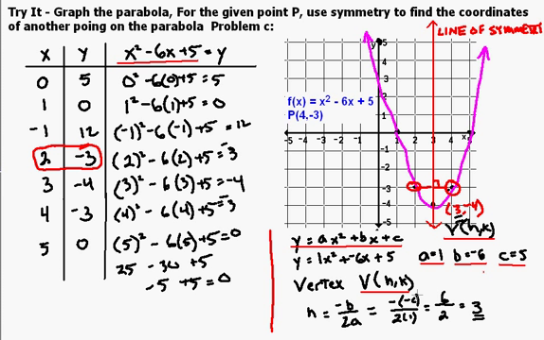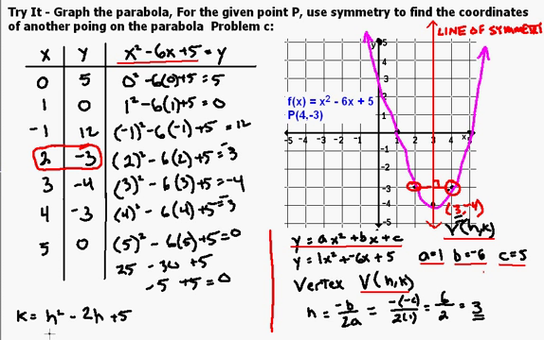Now, to find the k, or our y coordinate, here's what we do. We simply take the equation, so k is equal to h squared minus 2 times h plus 5. In other words, we take the x coordinate of the vertex and plug it in to find the y value of the vertex.